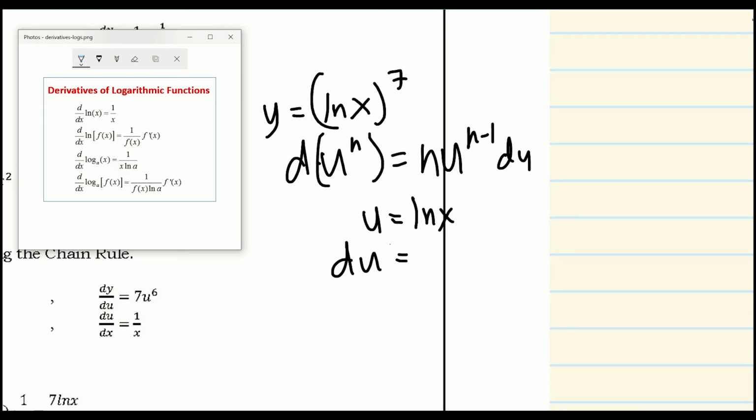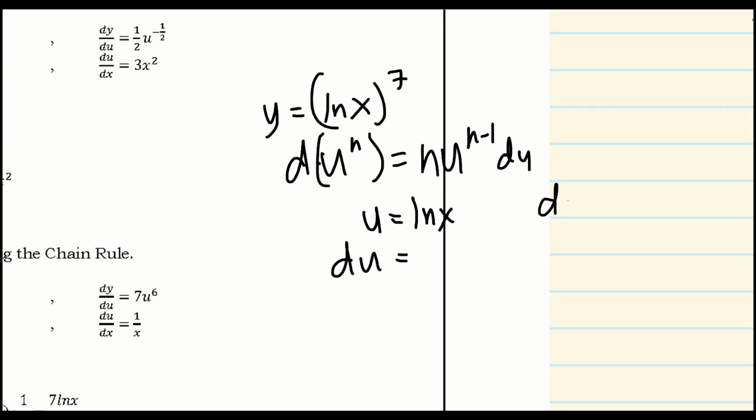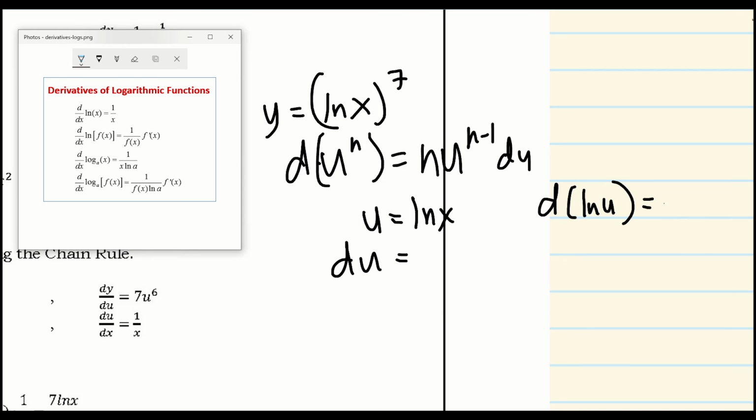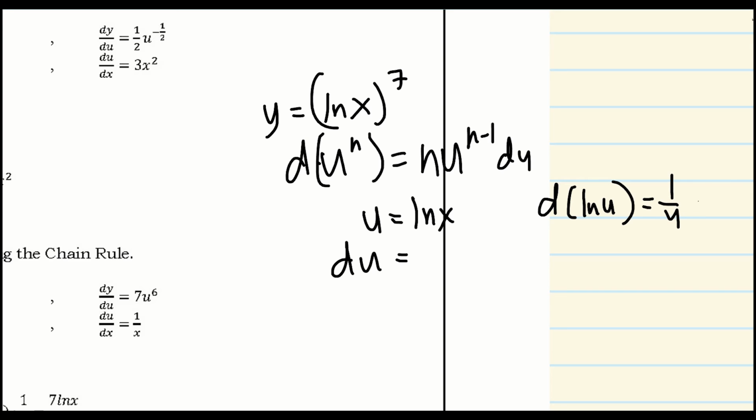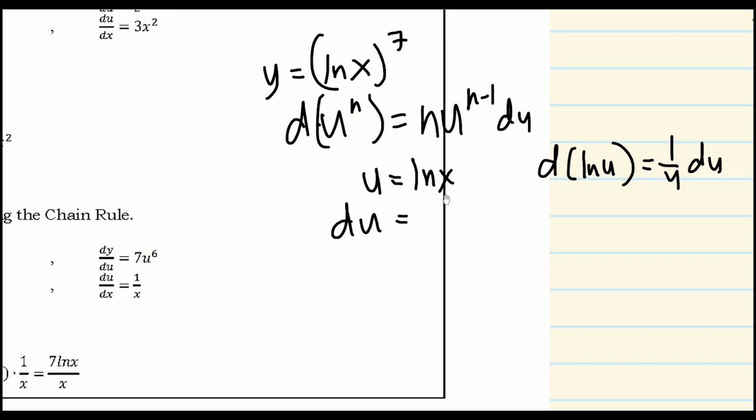If we derive ln u, then it is equal to 1 over u du. So ln x gives 1 over x dx; the derivative of x is 1, so no need to put it there.